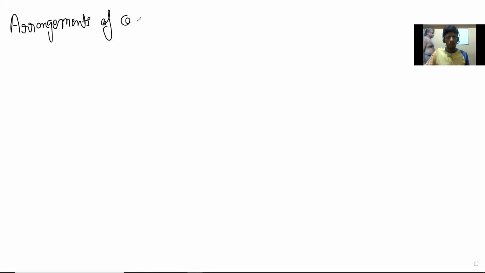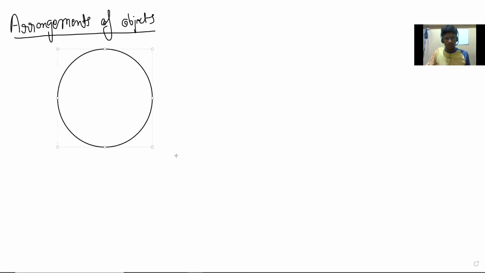Arrangement of objects. Okay, so this question you may have seen is somewhat like this. There are 6 sectors. So I have to constantly refer to the question.